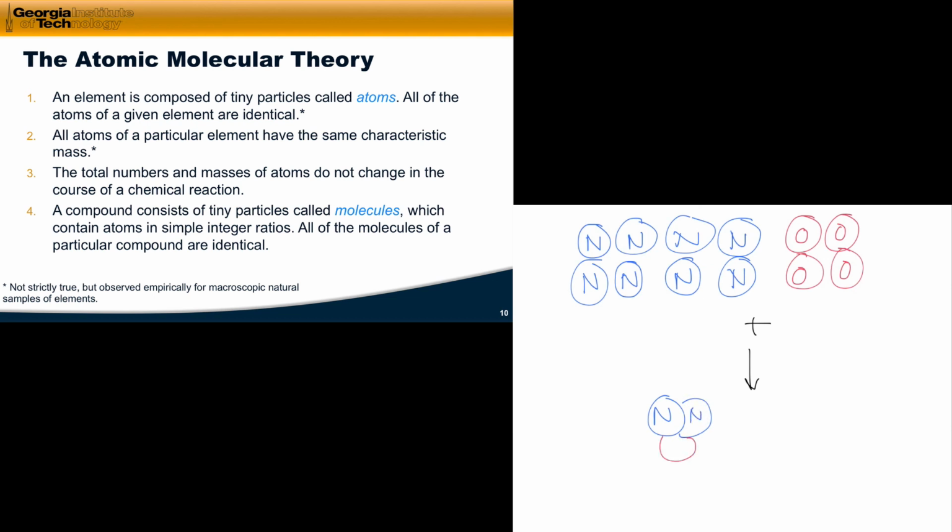And we would form, in this case, 4 of these because atoms are balanced in their masses and numbers on the reactant and product sides of a chemical equation. And so these little guys that are the essence of compounds are called molecules, and they contain multiple atoms that are combined in small integer ratios, like, for example, we're seeing here, 2 to 1.